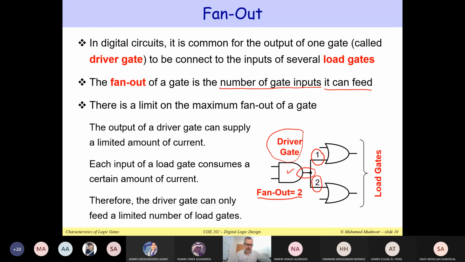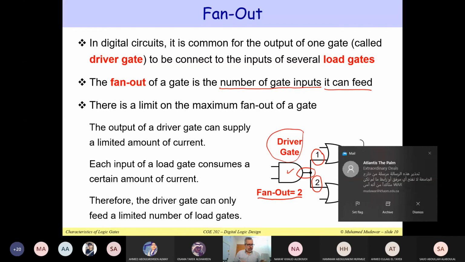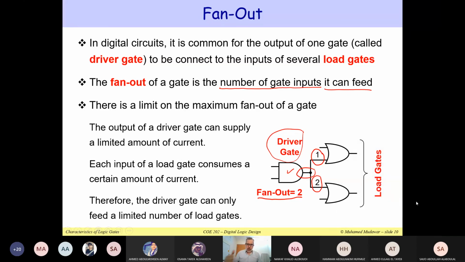Now, this limited amount of current is going to be split among the 2 OR gates, because some of this current will go to input 1 and some will go to input 2. If you increase the fan out, you have input 3 and input 4 and so on, then you are trying to split this current into smaller currents to drive the inputs of the load gates.